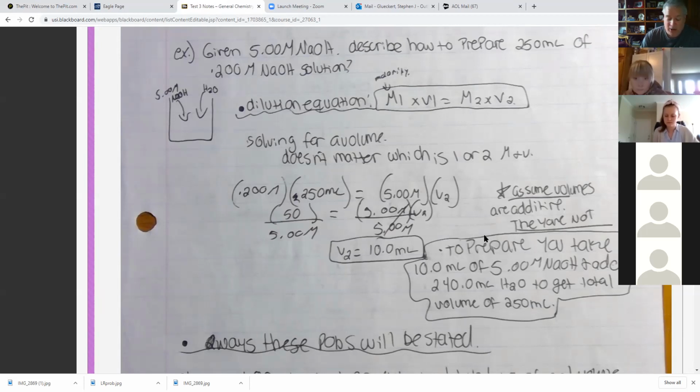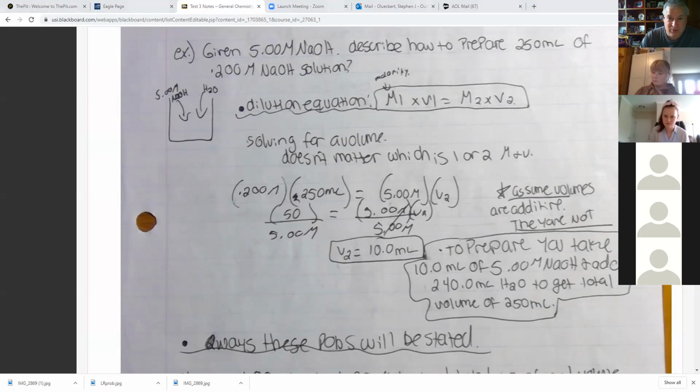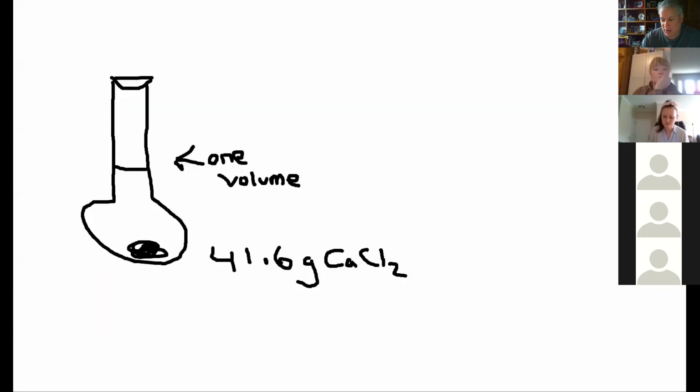What I do want to point out to you is that in this class, we are going to assume volumes are additive. What do I mean by that? If you take, going back to my whiteboard here, a new page, 100 milliliters of one thing, and then you take 100 milliliters of something else, does that equal 200 milliliters?